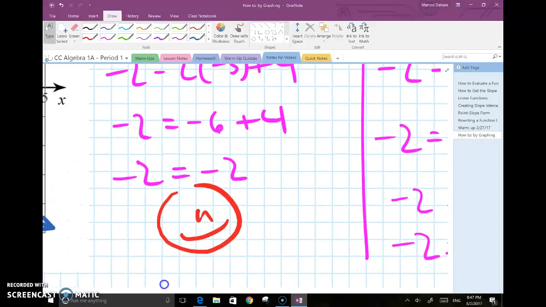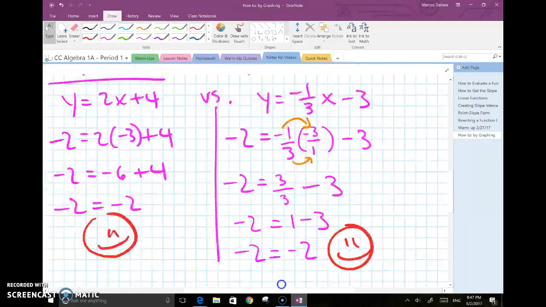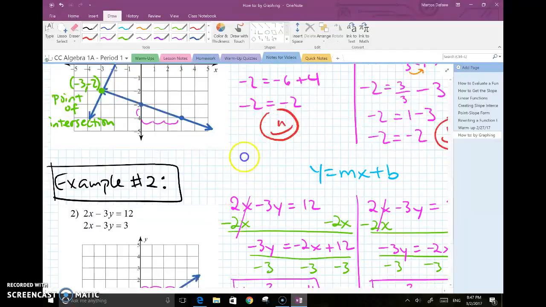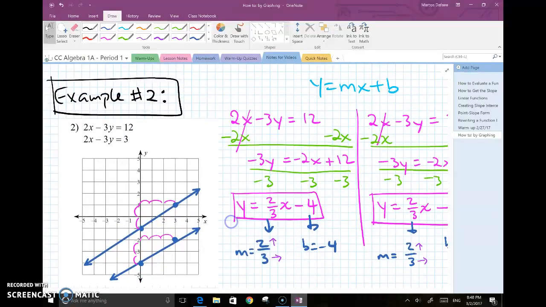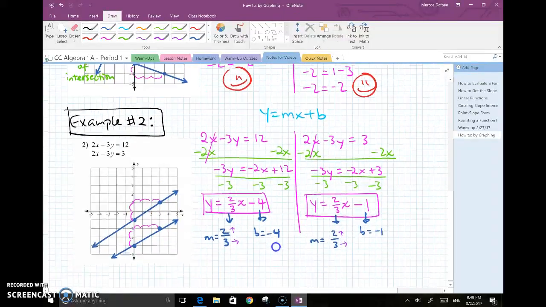I get the same value on both sides for one function and the same value on both sides for the other function. However, with this pair, it's different. Because they never intersect, there is no common solution. There is no point of intersection. And so they will never have anything in common together.